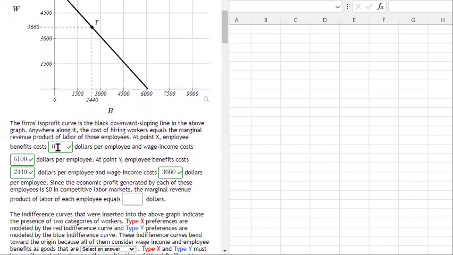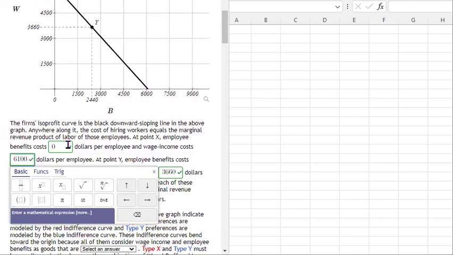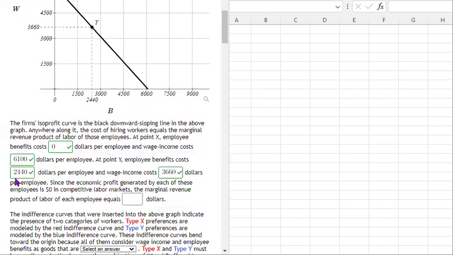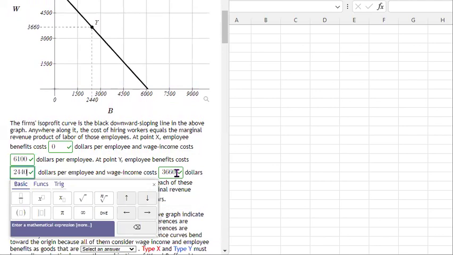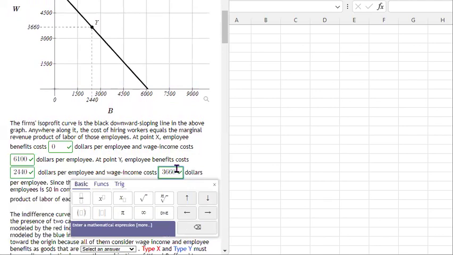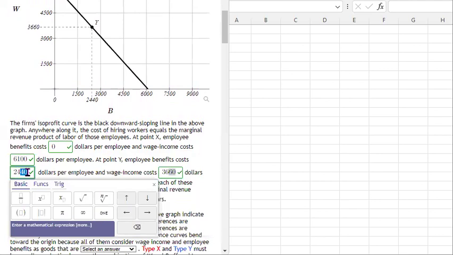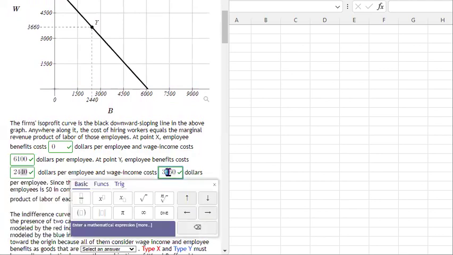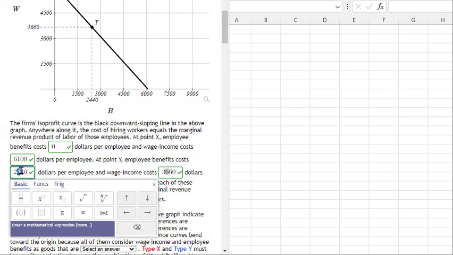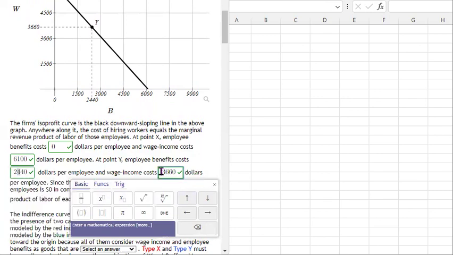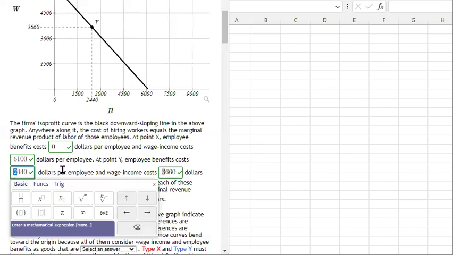Okay. Now, if I add these two together, I get 6,100. At point X, if I add these two together, I get 6,100. 60 plus 40 is 100. Carry the 1. 6 plus 1 is 7. Plus 4 is 11. Carry the 1. 3 plus 2 plus 1 is 6.